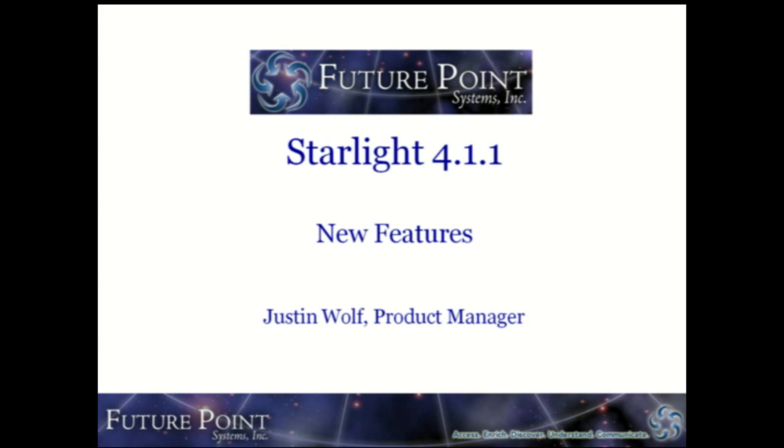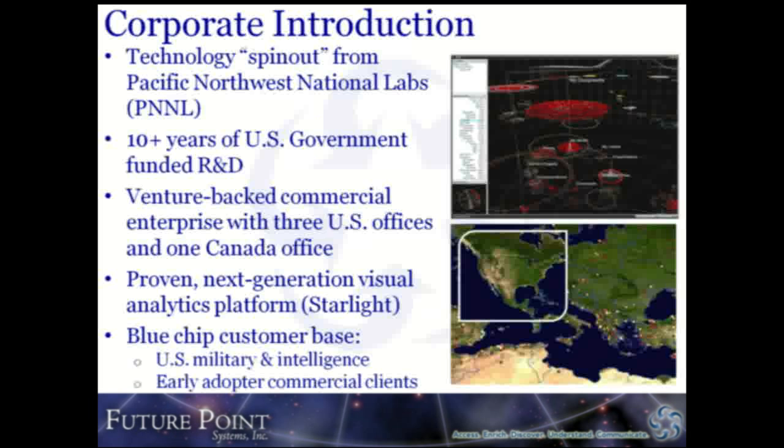Just for those of you unfamiliar with our company, I wanted to give you a brief introduction to FuturePoint Systems. We spun out a couple of years ago from the Pacific Northwest National Laboratory. We're a commercial company, and we've been working on commercializing the Starlight information visualization system, which has been under development for about 10 years now.